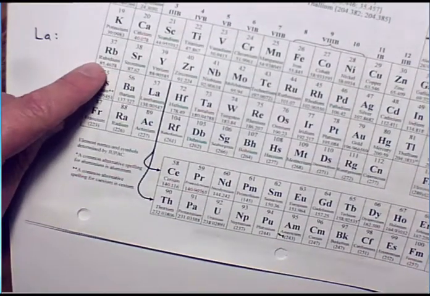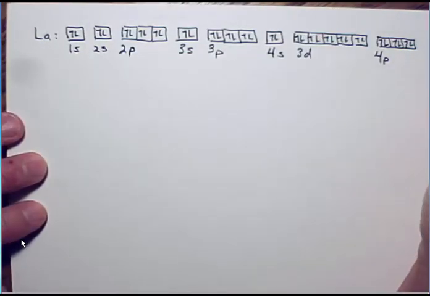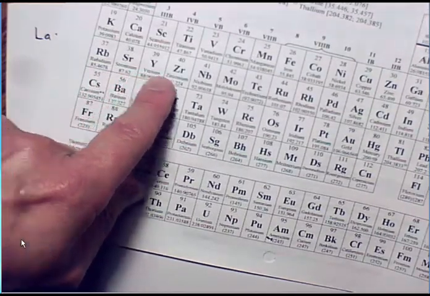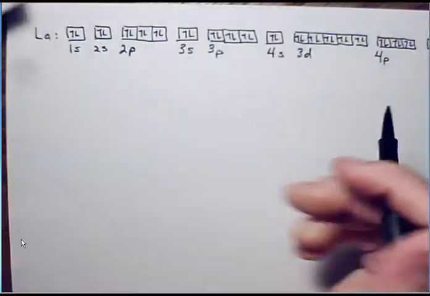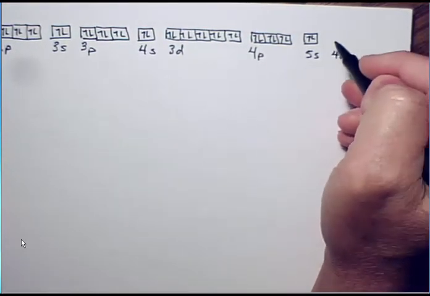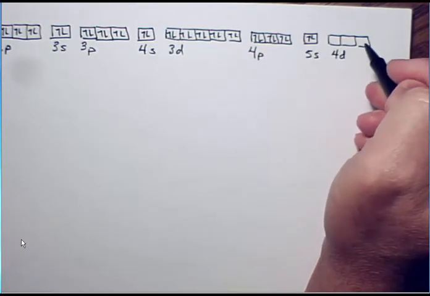Now we get to 5s. And after 5s, we go to 4d in here, and there are 5 orbitals in 4d.